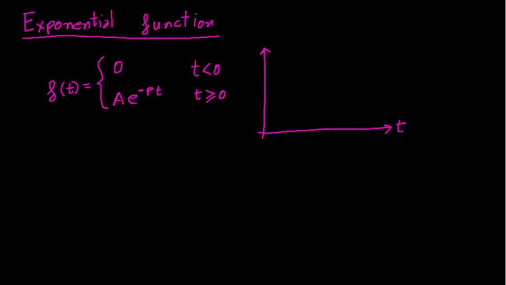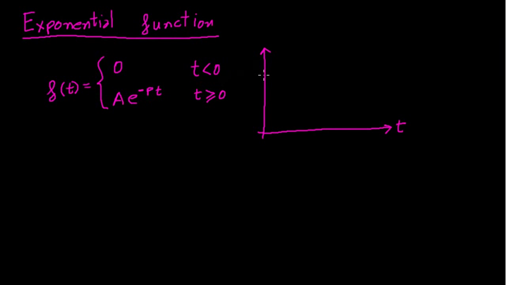Let's calculate the Laplace transform of some very important functions, beginning with the exponential function. The exponential function is defined as 0 for t less than 0, meaning for the negative time values, and a times e to the minus pt for positive time values.